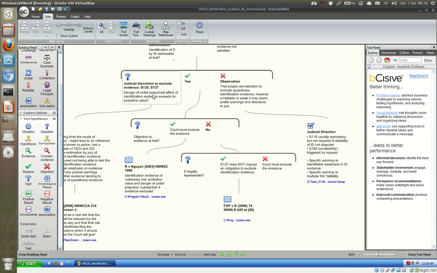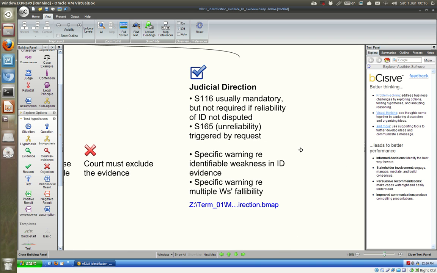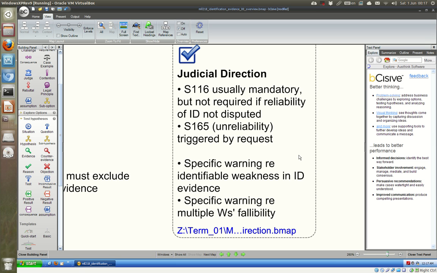So if the judicial discretion to exclude evidence was not exercised, then there are basically two judicial directions that are stipulated by statute. One is in section 116 of the Evidence Act, which is usually mandatory but not required if the reliability of the identification evidence is not disputed.